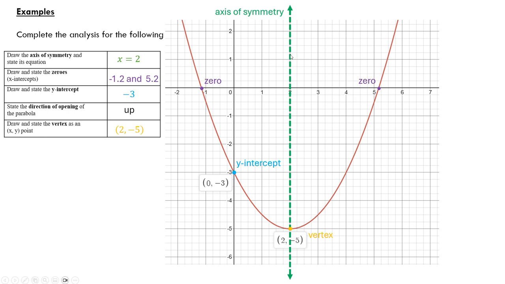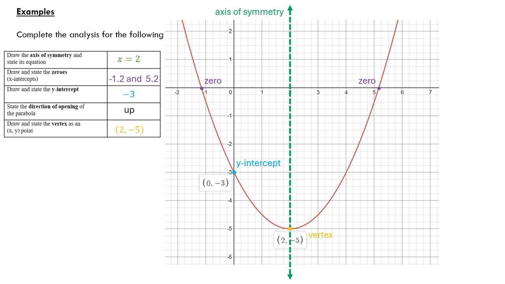Well, in this slide, I've already drawn the axis of symmetry right down through the middle of the parabola, right through the vertex. And the equation for this particular line is x equals 2, because at every point along this imaginary line, x has a value of 2.